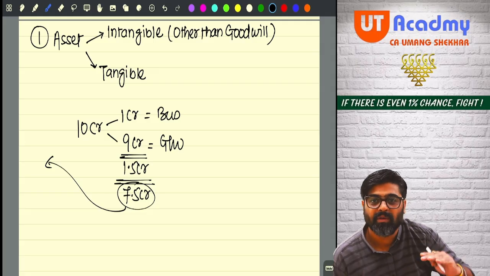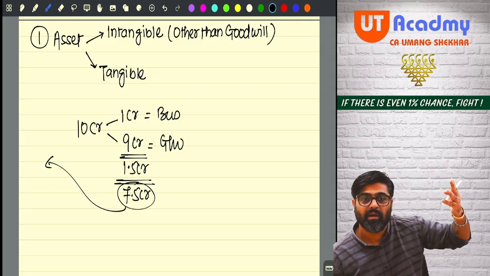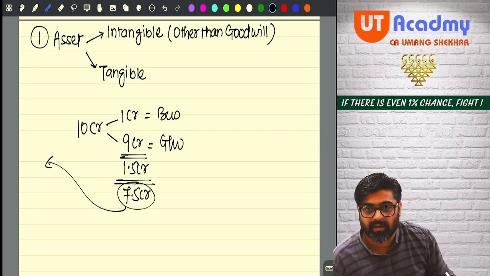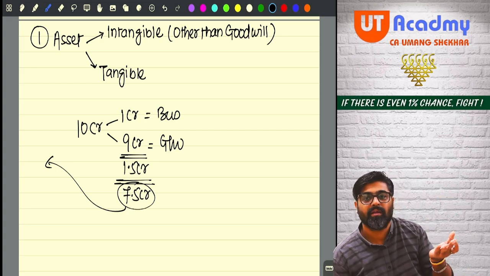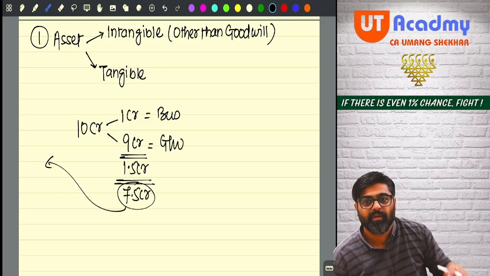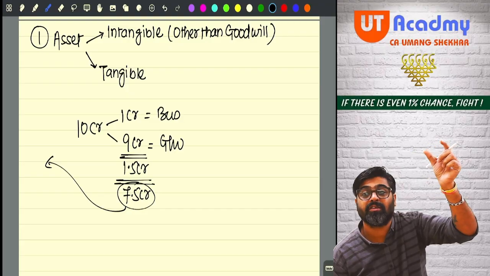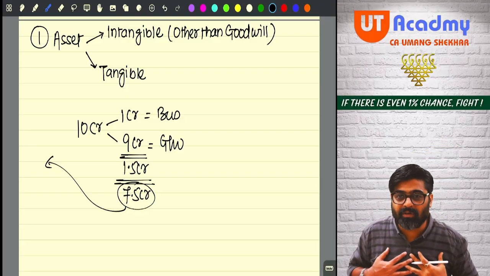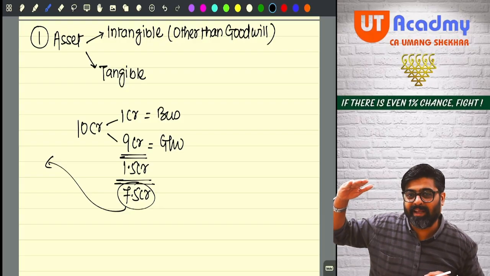Now what will happen, in the bank entries, what entries will be there in the bank? I will say 10 CR given, 1 CR for business and 9 CR for goodwill. So in my books, now goodwill will be standing at 9 CR.